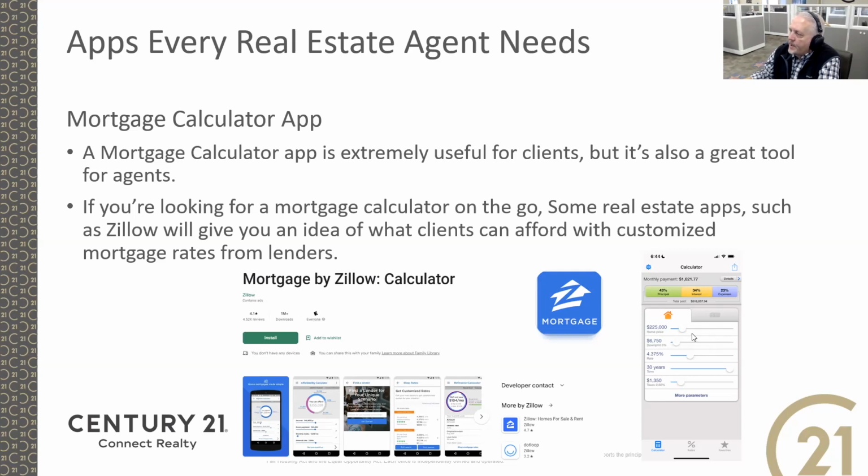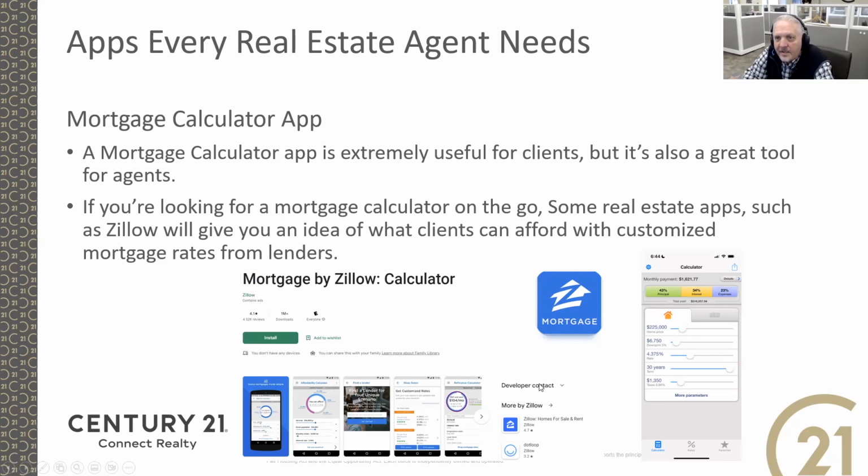But I like this particular one, and I've got a screenshot of it right there because you can literally use these slide bars to determine, okay, if the house is 300 instead of 225, and what your down payment would be if you were to do 2 or 3%, and the interest rates, you can slide that based off of what the interest rates are, and it automatically calculates up at the top what your monthly payment is likely to be.